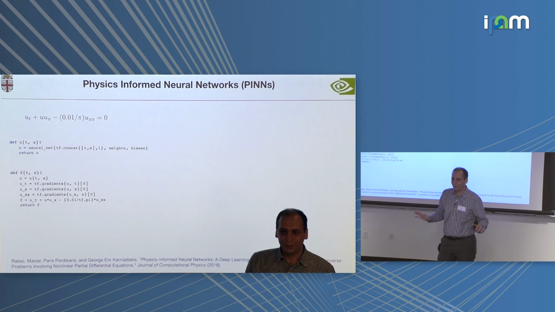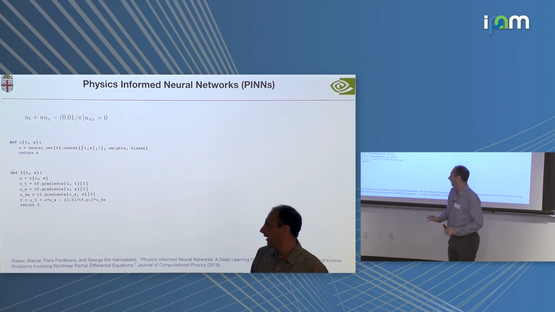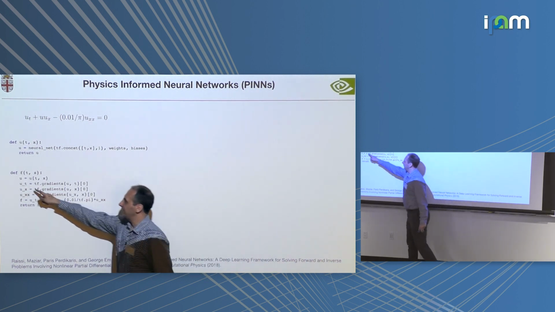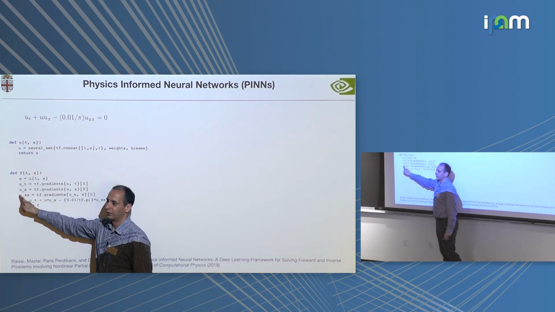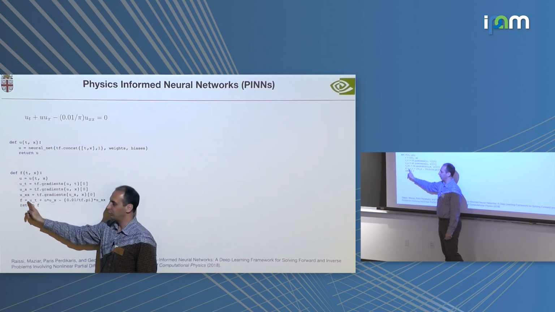Our contribution is not coming up with automatic differentiation. It has been around for a while. Our contribution is the way we are using it to obtain a neural network that knows about the physics, that knows the equation.